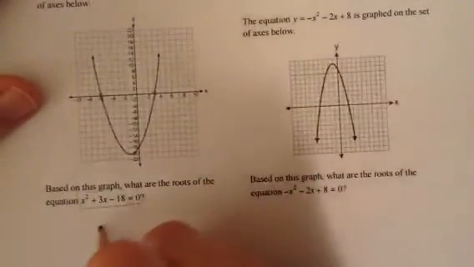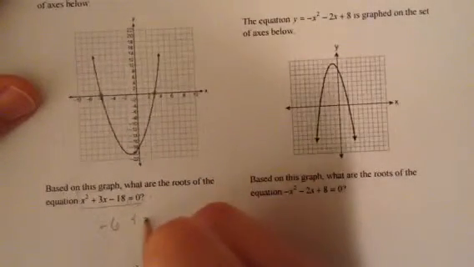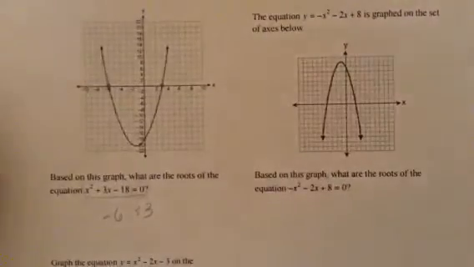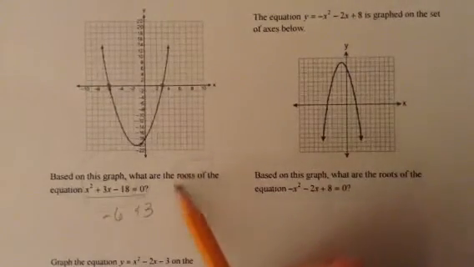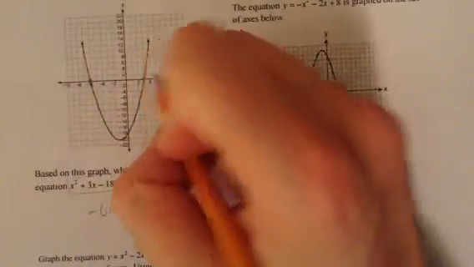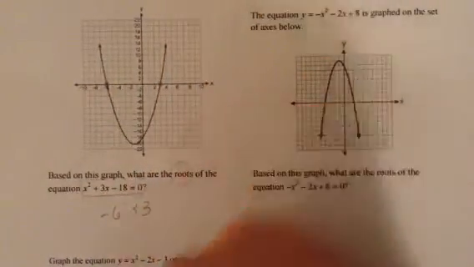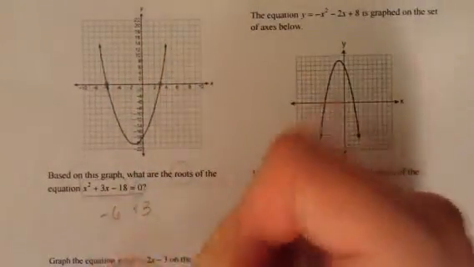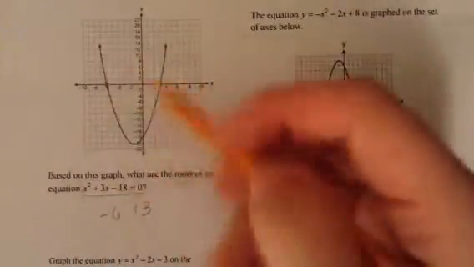So -6 and +3. So when it says what are the roots, that's just a different way to say the solution, right? Or the zeros. Here we call them zeros or x-intercepts, right? Those are all different vocabulary words that kind of mean the same thing, right?